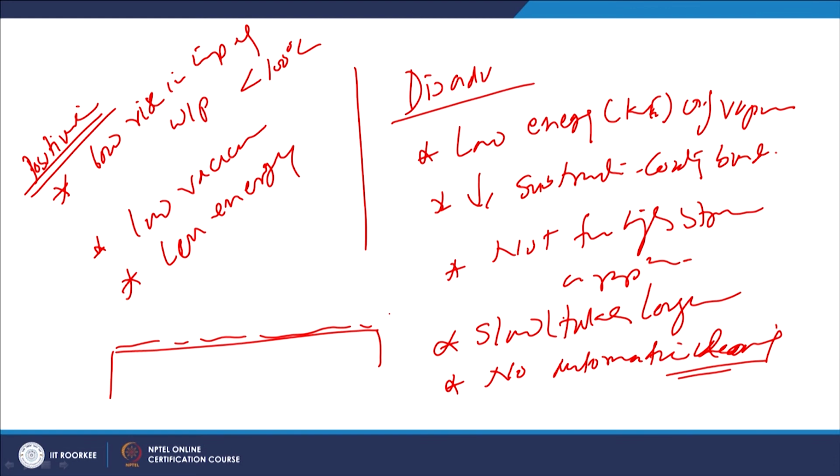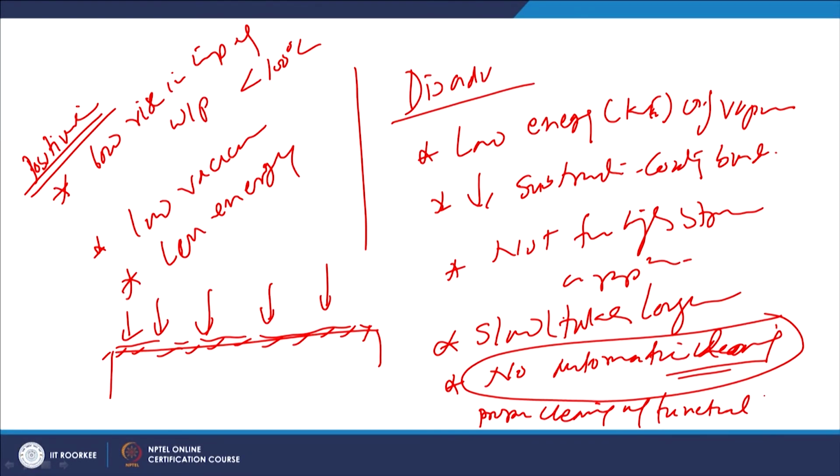But in this case, where vapors directly deposit on the substrate to form a good bond and a good surface modification, it is necessary that the surfaces are cleaned properly so that all the impurities from the functional surfaces can be removed. So one disadvantage associated with this process is that there is no arrangement for automatic cleaning, but we need very proper cleaning of the functional surfaces for surface modification.